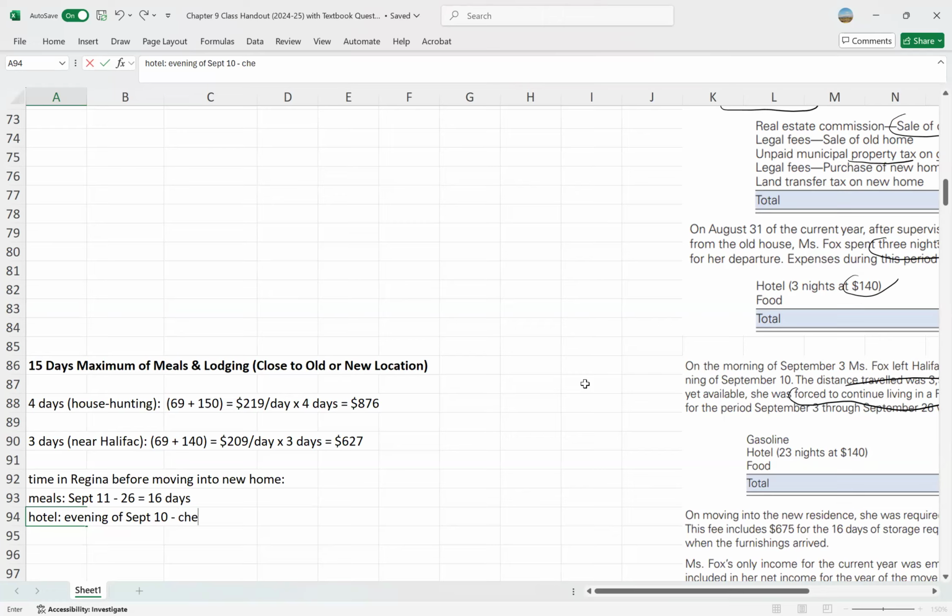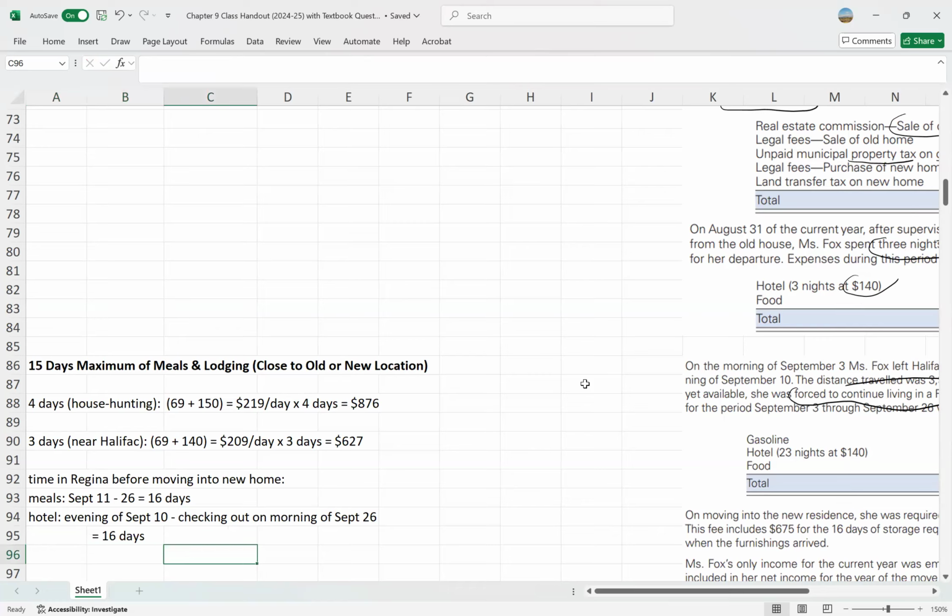So she will be checking out on the morning of September 26th. So we will not include the evening of September 26th for the hotel, but we will include the evening of September the 10th. So this will also work out to 16 days as well.